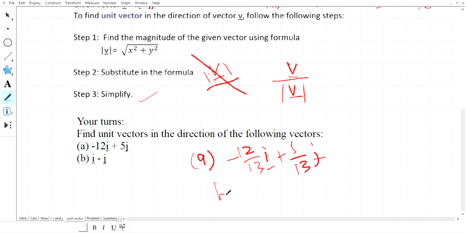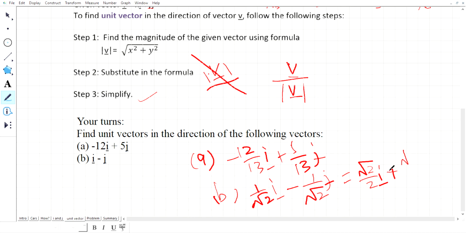And the answer for B is 1 over square root 2 i minus 1 over square root 2 j. Or you can rationalize it to square root 2 over 2 i minus square root 2 over 2 j.